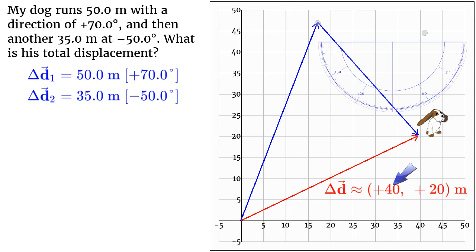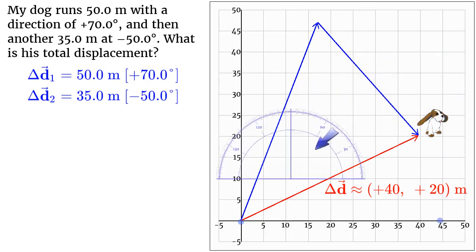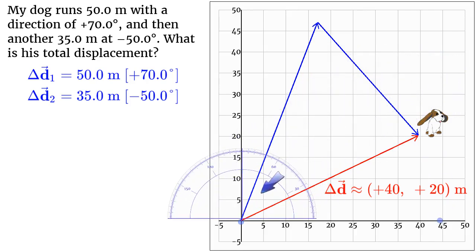We can also make measurements in polar form. So again, taking our compass or our piece of paper or whatever it is that we're using to measure lengths, we will line up our measuring device with the vector. And once we've measured the length, we'll hold it up against the axis. And we can see that it's just under 45, maybe about 44 meters would be the magnitude of the displacement vector or the length of this red arrow.